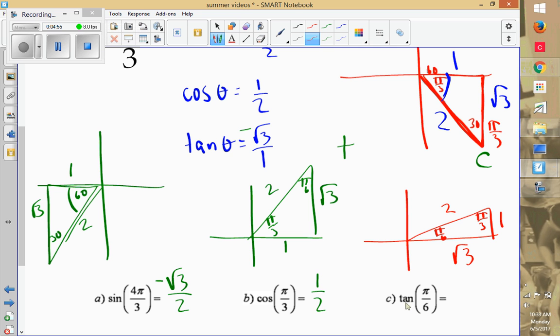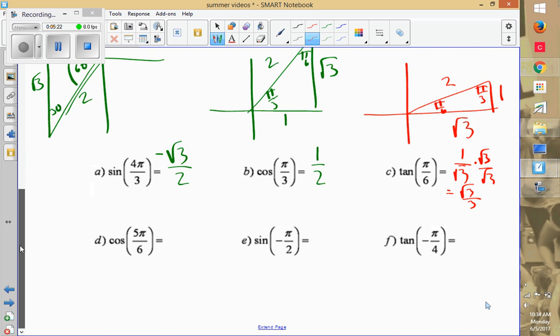So if I want tangent, we're going to have opposite over adjacent. Tangent is positive in this quadrant, so we are positive, but let's rationalize. So we have the square root of 3 over 3. So drawing a little quick reference triangle does make this a little bit easier.